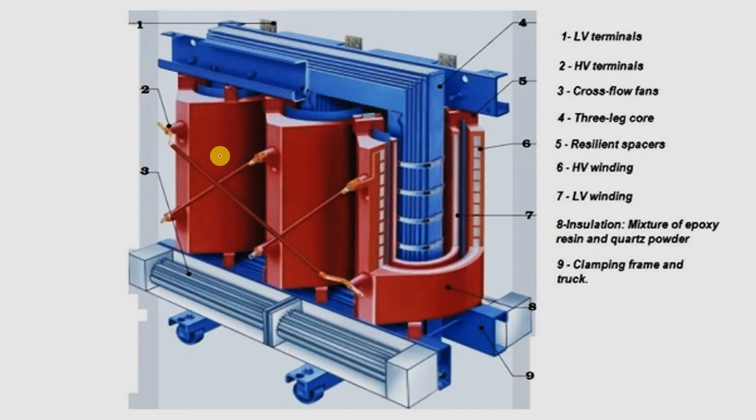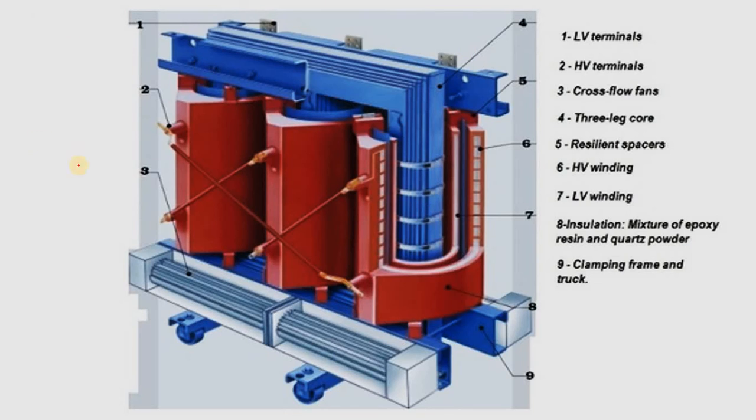These HV terminals have a small cross-sectional area conductor, whereas these LV terminals have a large conductor cross-sectional area, because the current in this coil is very high and in this coil the current is less. That's why the connector has a huge size in comparison with these connectors.